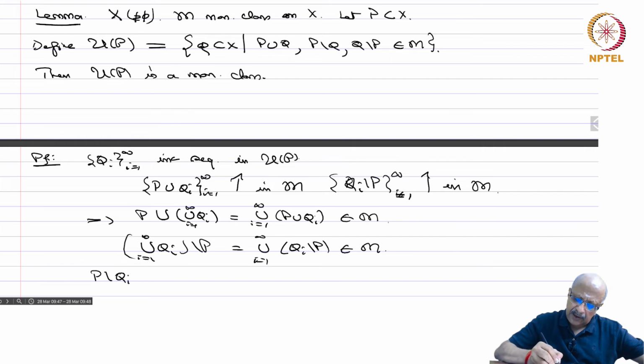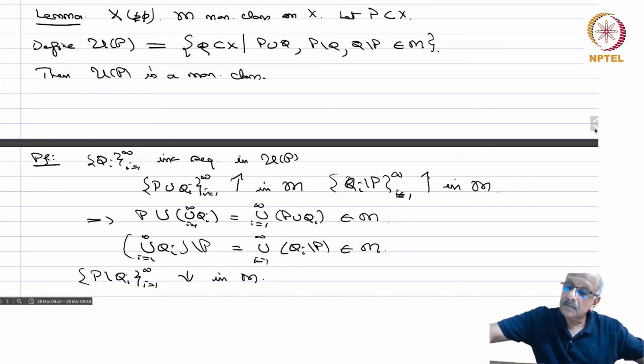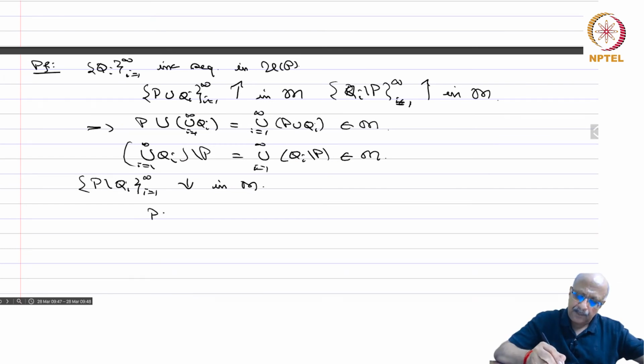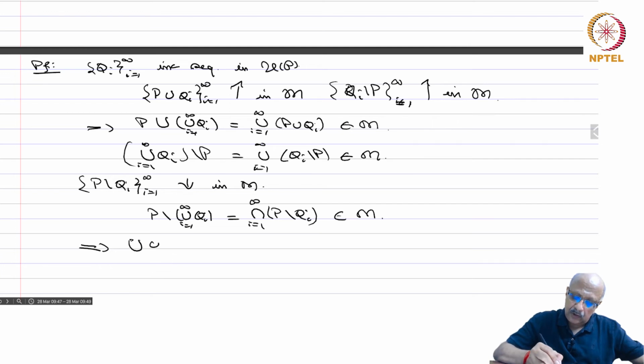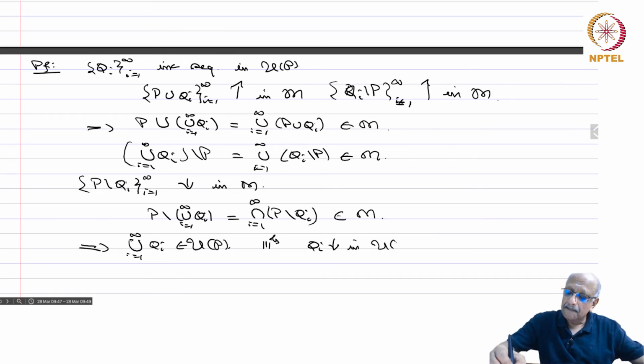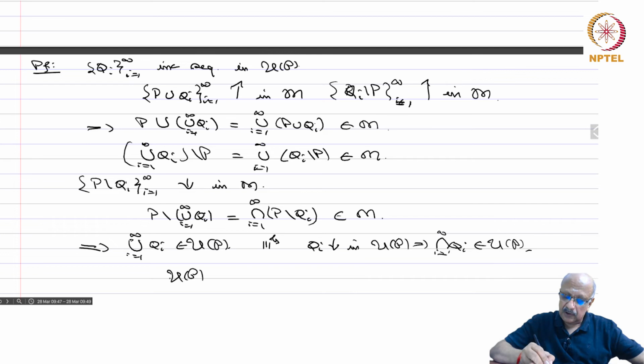Now, P minus Q_i is decreasing in M. And P minus the union of Q_i is nothing but the intersection of P minus Q_i, i equals 1 to infinity, and this is a decreasing thing, and therefore this also belongs to M. So this implies that the union of Q_i belongs to U of P. Similarly, if Q_i is decreasing in U of P, then the intersection of Q_i is also in U of P. Therefore, U of P is a monotone class.